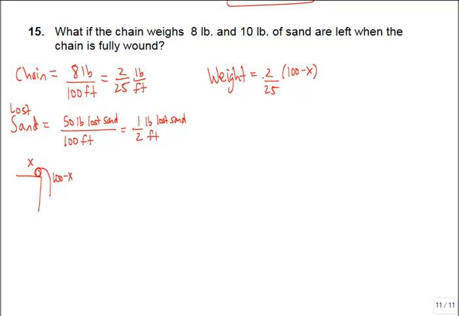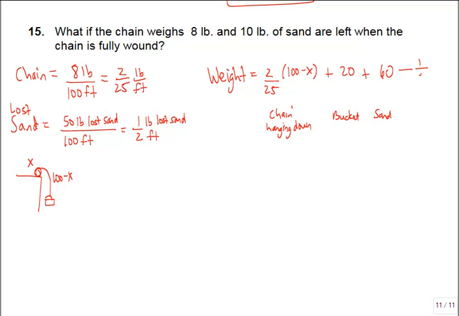So this gives me the total number of pounds of that chain hanging down. So that's the weight of the chain. Plus, we have our bucket, and our bucket was 20 pounds.